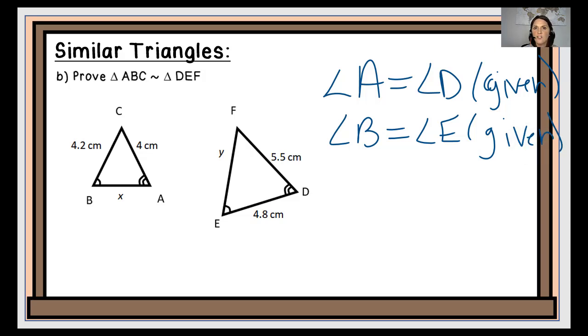Because we have two angles that are equal, by default the third angles have to be equal because of the angle sum of a triangle theorem, which adds to 180 degrees. Based on my similarity rules, I only need angle-angle similarity. So let's make our conclusion.